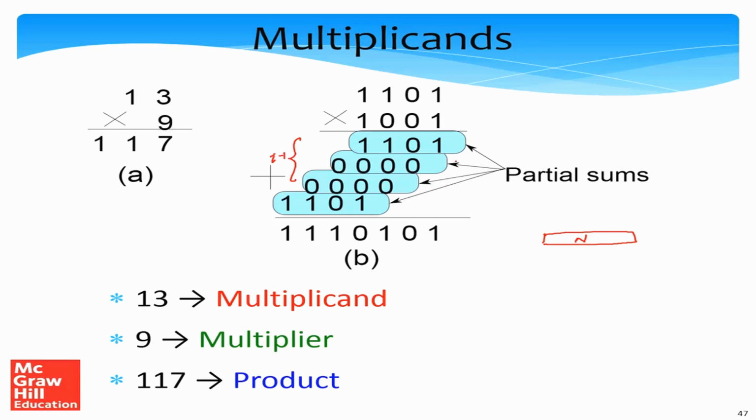So in the case of a regular multiplication, we just write the partial sums and we keep on shifting them one place to the left. Another idea can be that, for example, we take the partial sum as 1101 first, and we shift 1101 one step to the right, and then we add 0000.